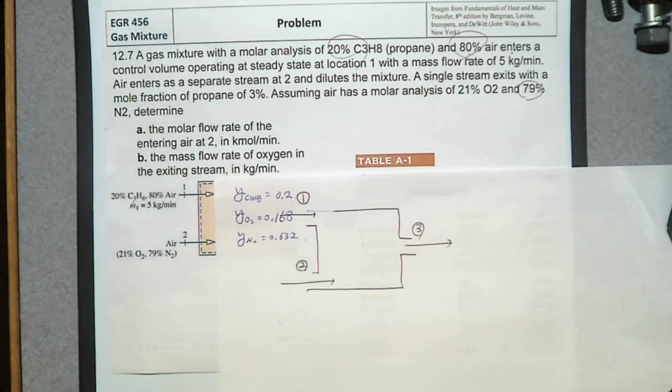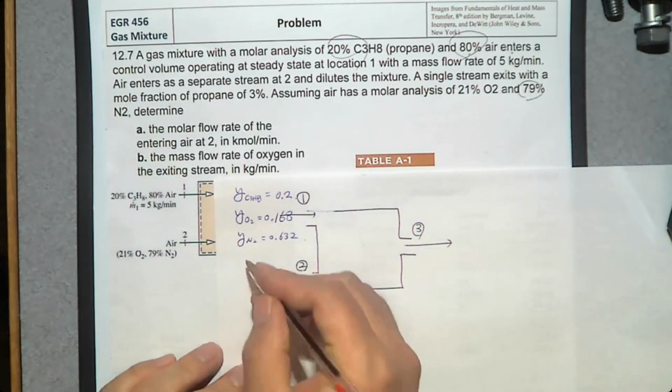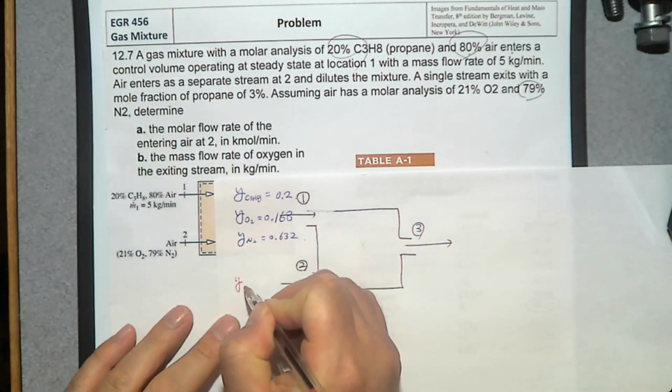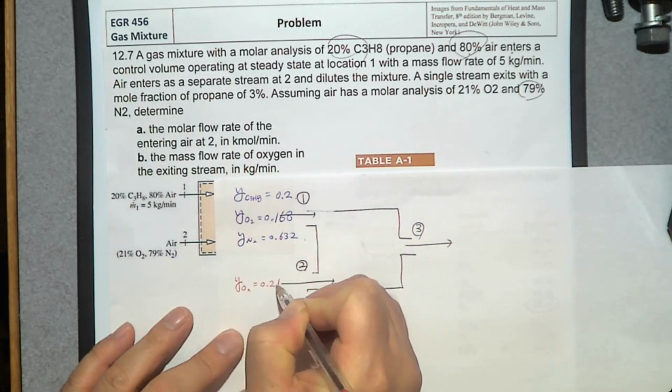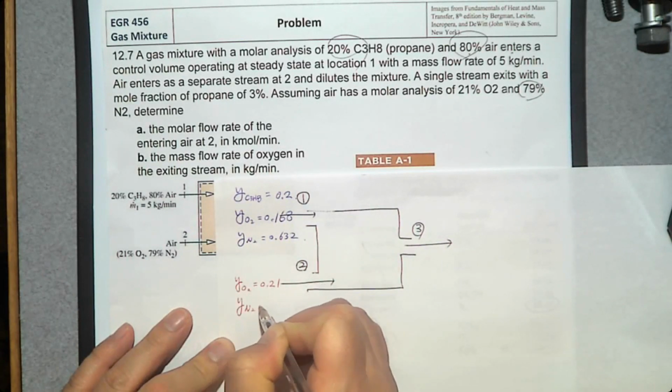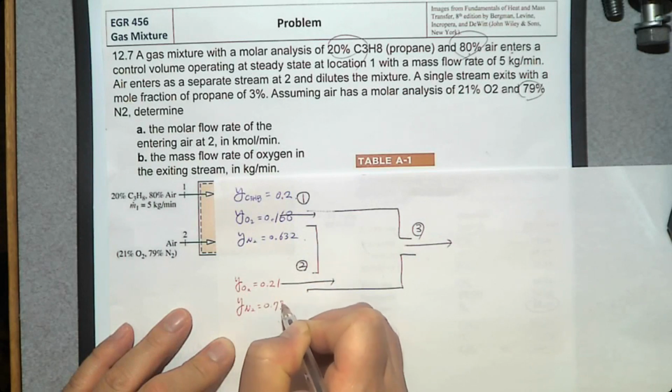So these are the mole fractions of each component at inlet number 1. What about inlet number 2? We have air entering the chamber, and air is 21% oxygen, 79% nitrogen. So here, the mole fraction of oxygen is going to be 0.21. The mole fraction of nitrogen is going to be 0.79.